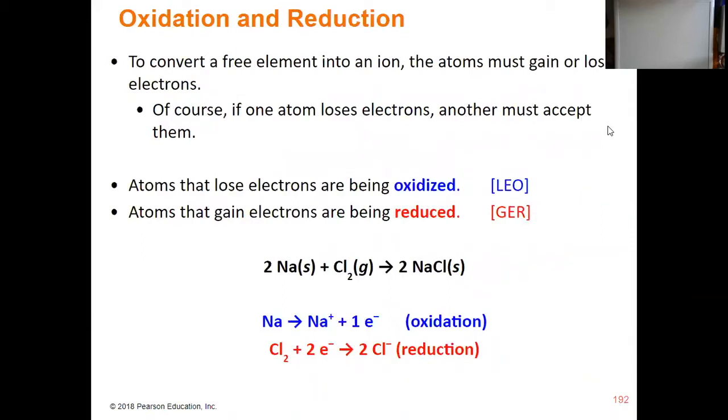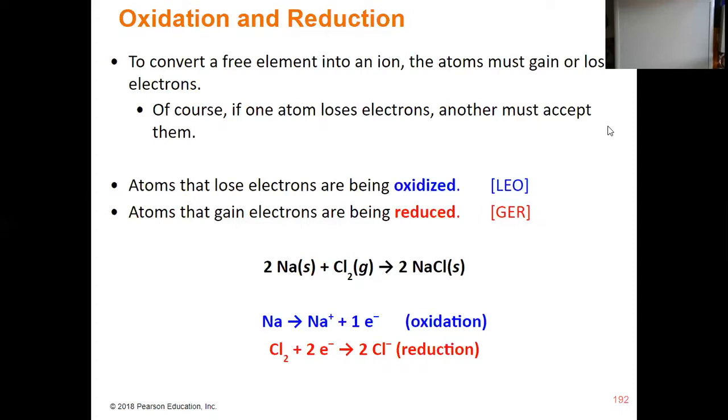Our most common definitions of oxidation and reduction have to do with gaining and losing electrons. Note that in oxidation and reduction, the two processes are always paired. You can't have oxidation without reduction, and you can't have reduction without oxidation, because the electrons have to come from somewhere and have to go somewhere.